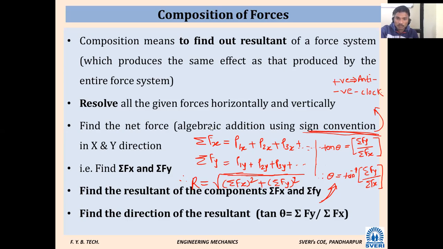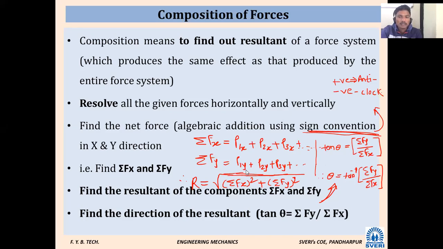We studied many problems related to this from the beginning itself: how a particular force can be resolved into two components, maybe along the plane and perpendicular to the plane. Then there is one formula to find the resultant: the square root of summation Fx squared plus summation Fy squared.